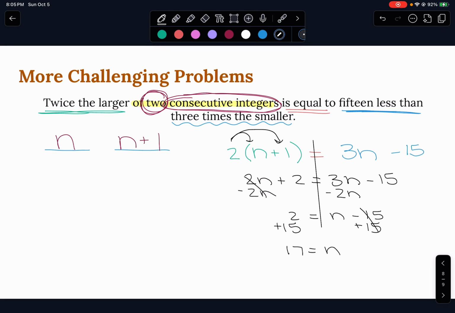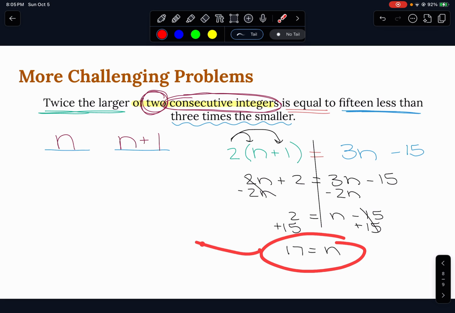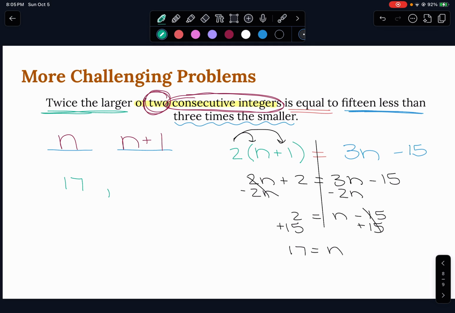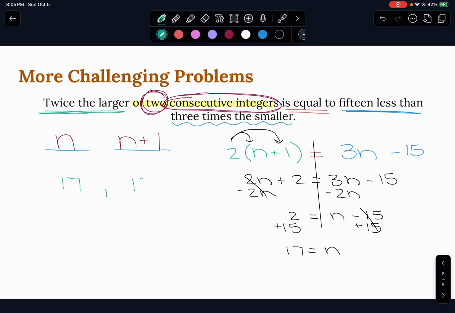All right. So actually it looks like in this question, it didn't even specify exactly what it wanted. So if it didn't even specify, I would assume that it's asking for both integers. So to finish off the problem, I'm just going to go ahead and plug those in then. So I solved n was 17. So n plus 1 must be 17 plus 1, so that must be 18.